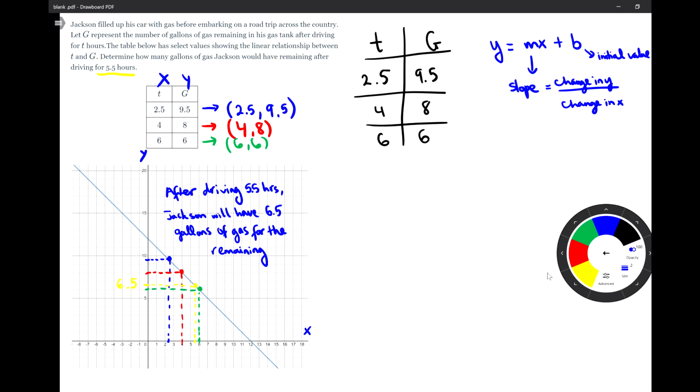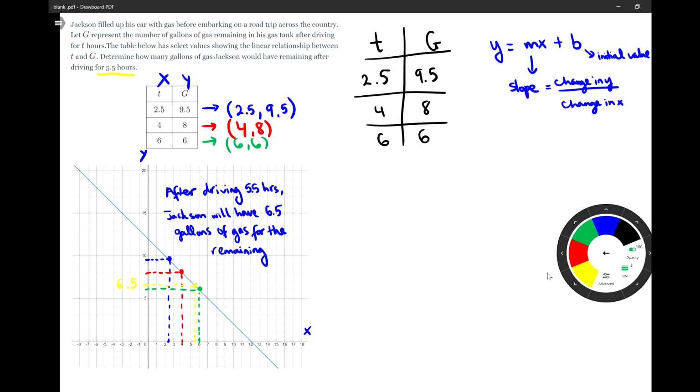There are many ways to find the slope and initial value. We can find it using the formula, but I want you to base it on your understanding. For the change in y and change in x, we can do it this way instead of using the formula. I will show you the formula later, but right now I just want you to do it based on your understanding first. So go back to the table.